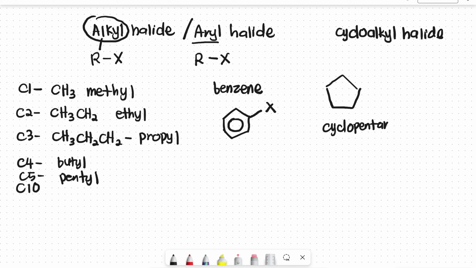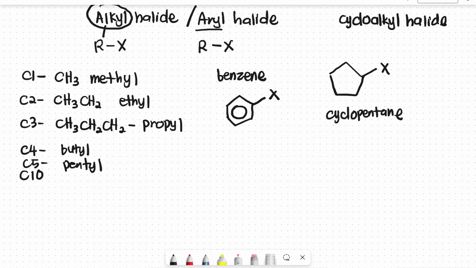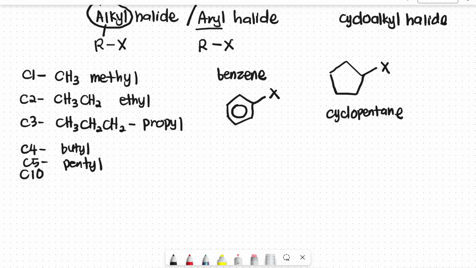So this cyclopentane is attached to X, where X again is halogen. This one is also considered a cycloalkyl halide. Now we know that the R here is alkyl, aryl, or cycloalkyl.